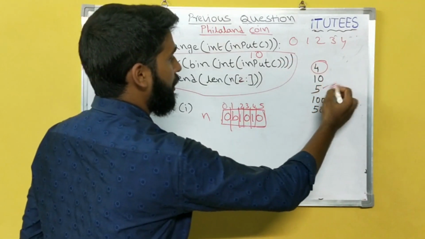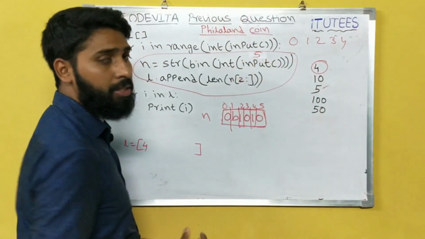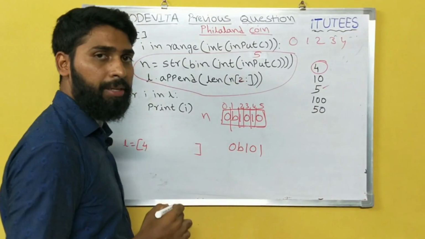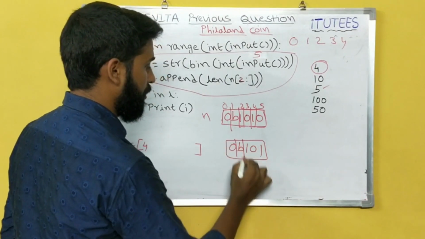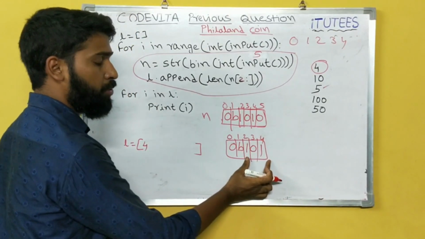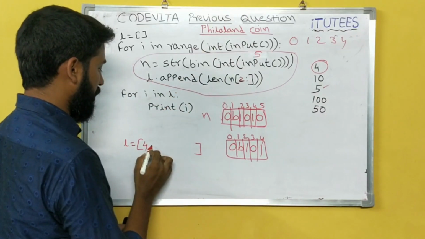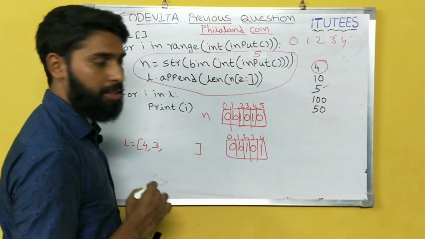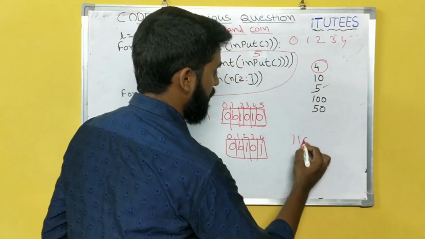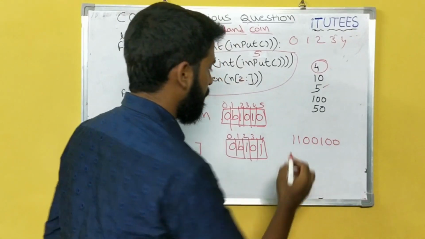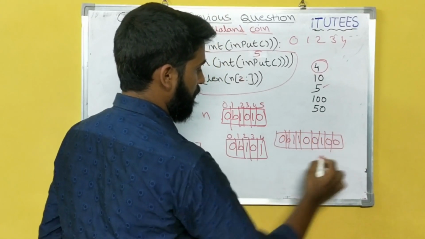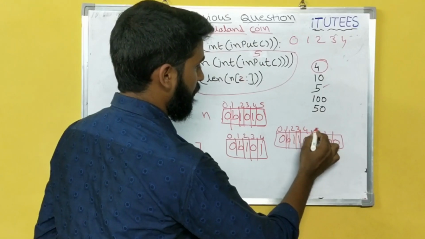In the next iteration, it is 5. The binary equivalent of 5 is 1, 0, 1, preceded with b. What is the length from index 2 to the end? 3. So 3 is appended to the list. Next, 100. The binary number of 100 is 1100100.